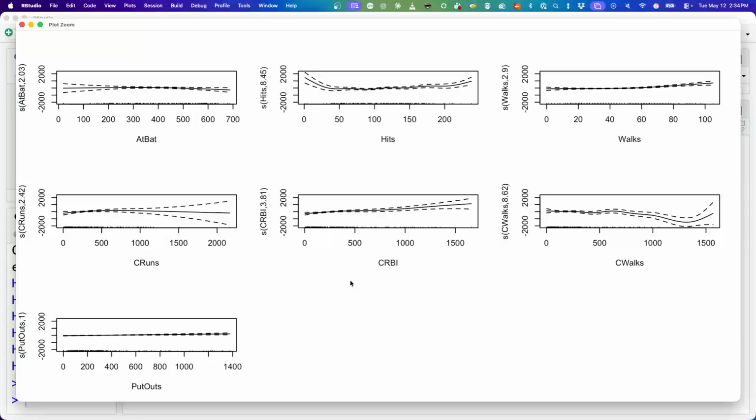These are 7 variables that are smoothed individually and that you can essentially add up.